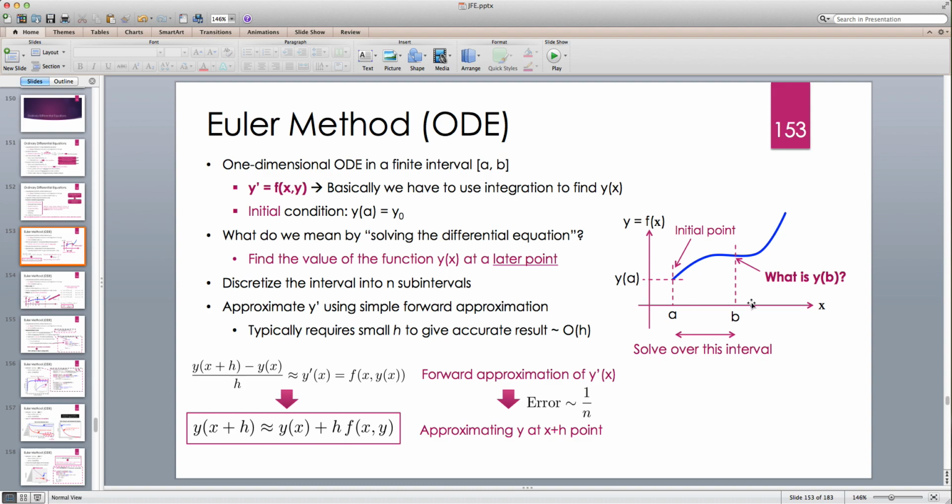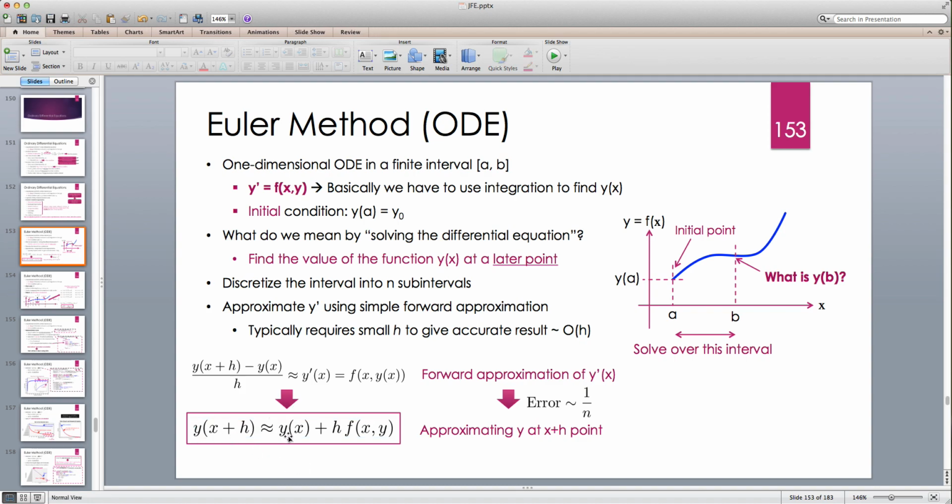And again, the reason we do that is because remember, we're solving a differential equation. That means we have to do some sort of integration, and numerical integration always involves partitioning an interval and summing some sequence over that interval. So eventually we get this equation.